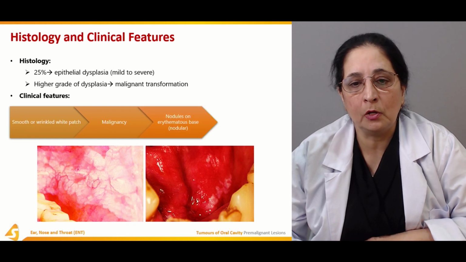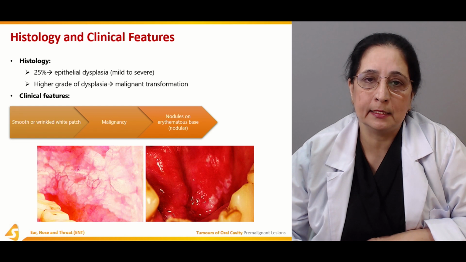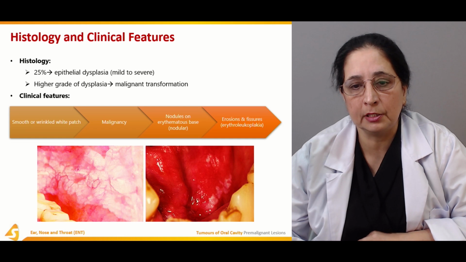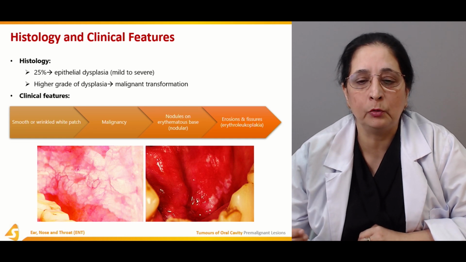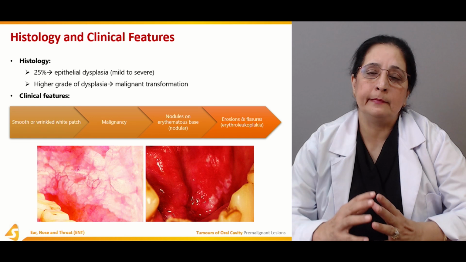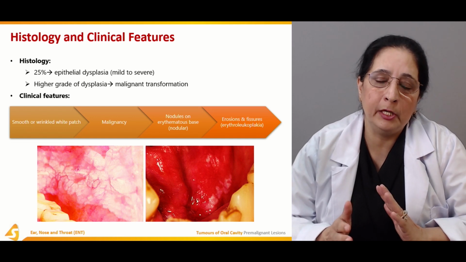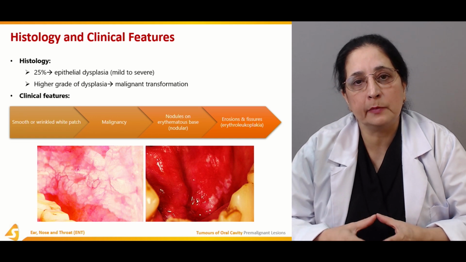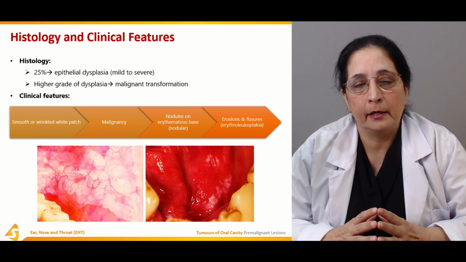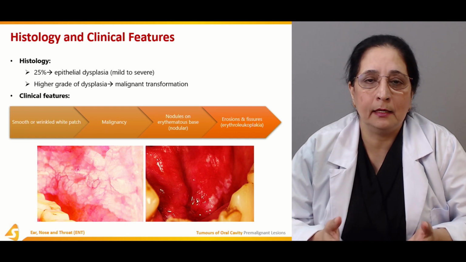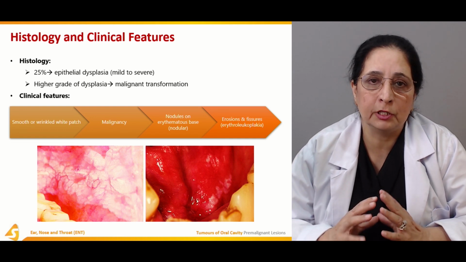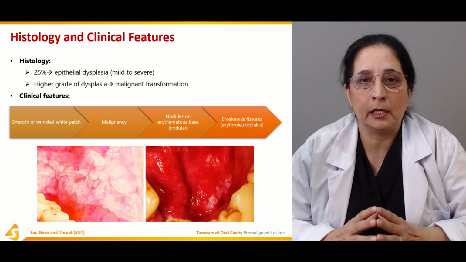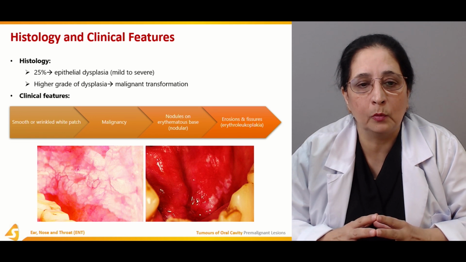Malignancy, nodules or an erythematous base is present, with erosions and fissures, known as erythroleukoplakia. So sometimes both erythro and leuko combine together. There are reddish patches, a reddish base, and nodular type lesions, so they can go into malignancy.